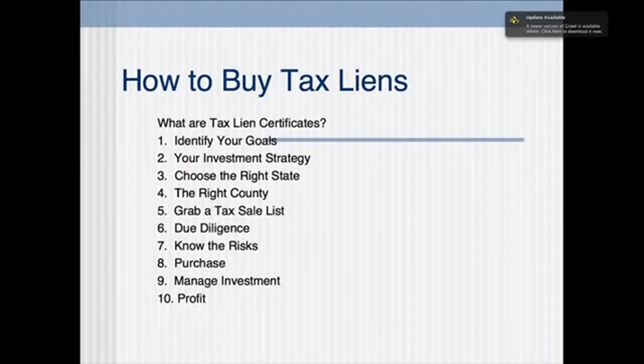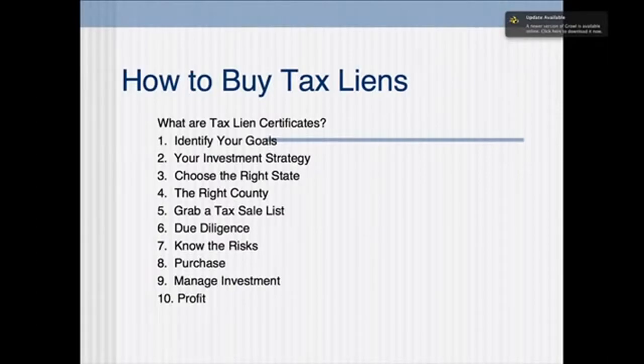The next thing you need to do is you need to identify your investment strategy. Now, what this is basically your strategy. You have two options. Number one, is your investment strategy a quick annualized rate of return?